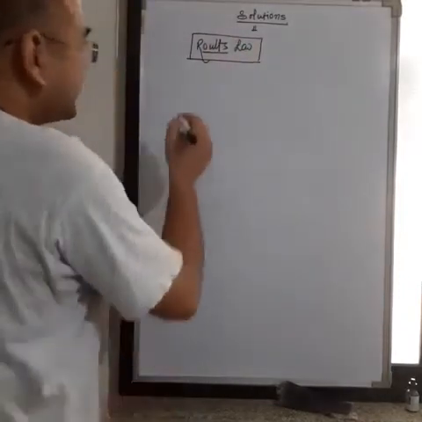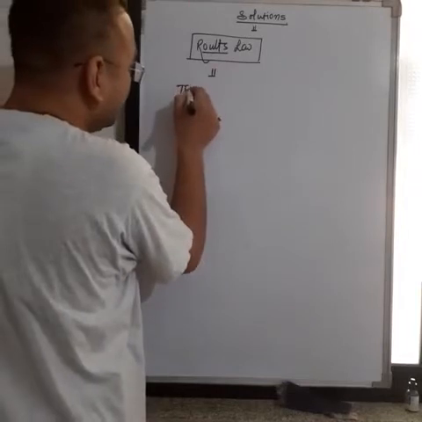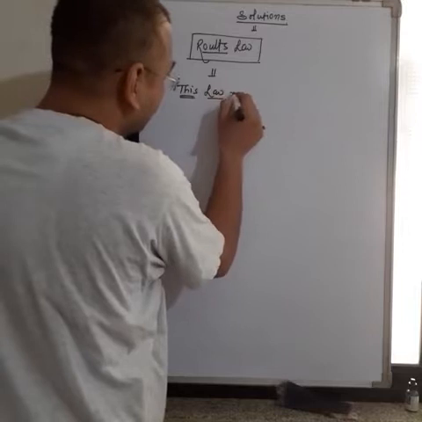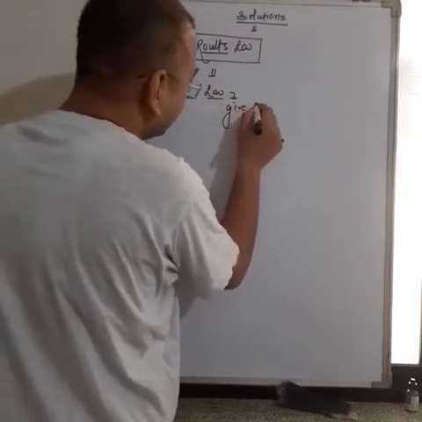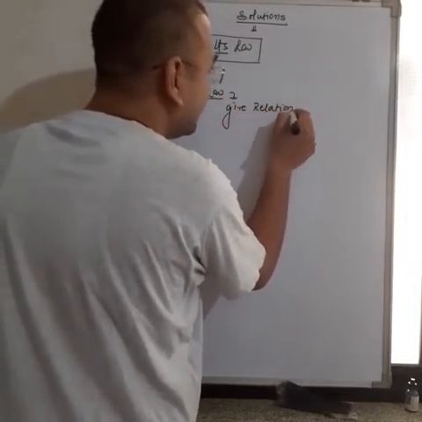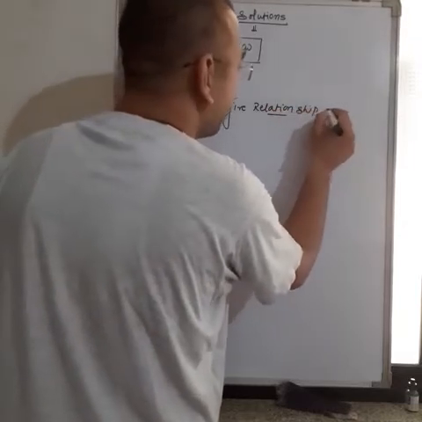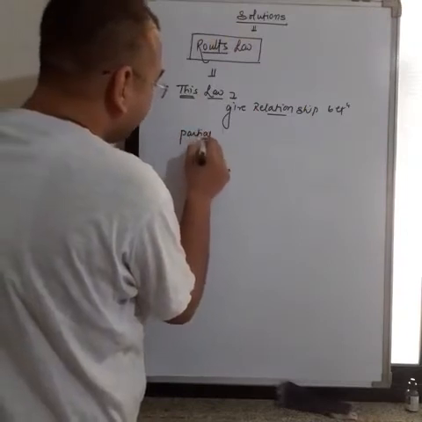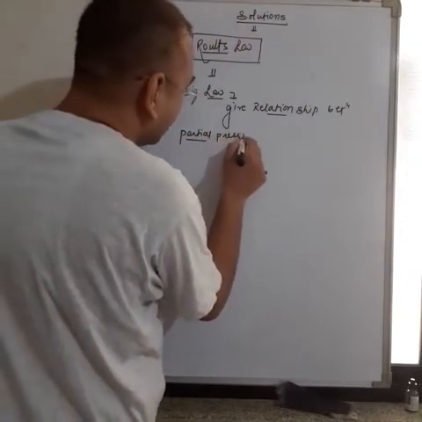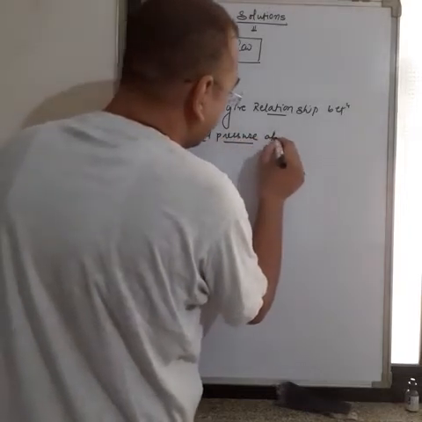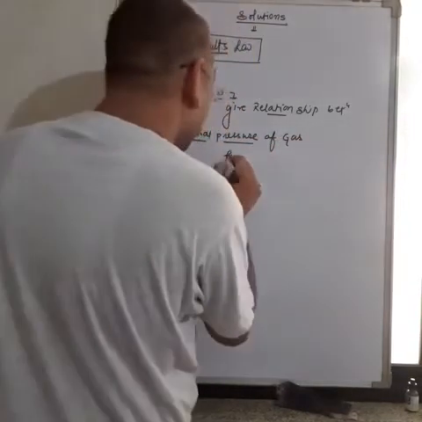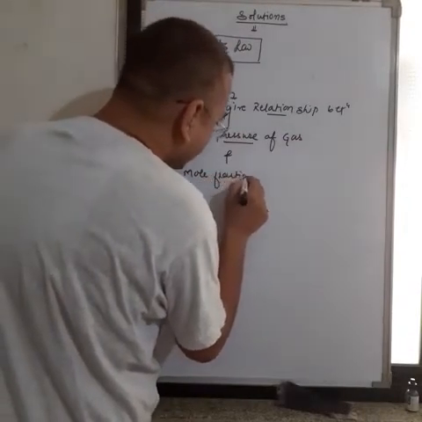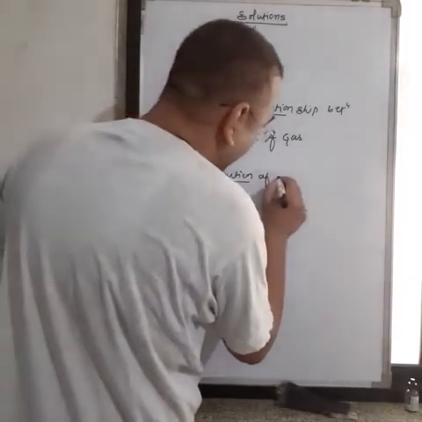This law, given by scientist Raoult, gives a relationship between the partial pressure of a gas and its mole fraction.